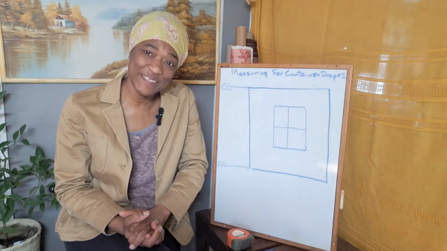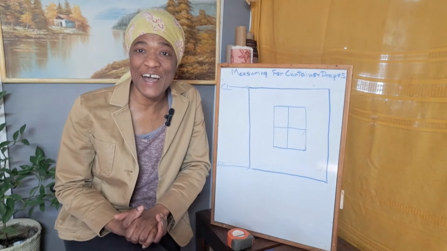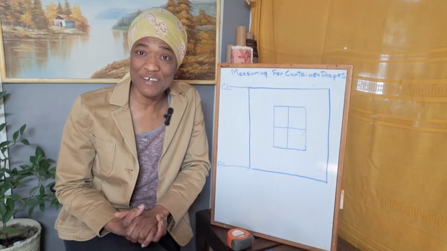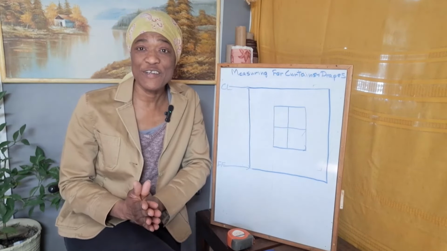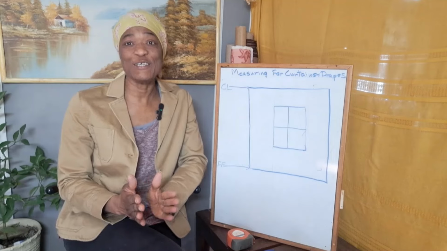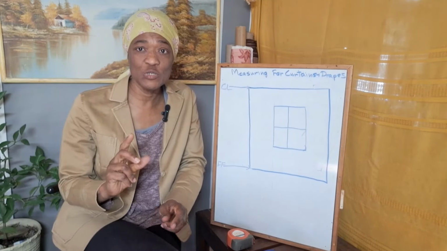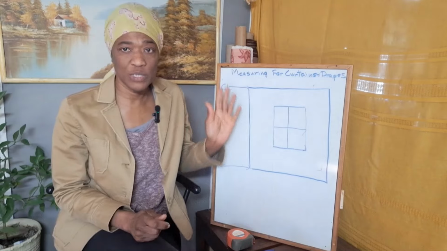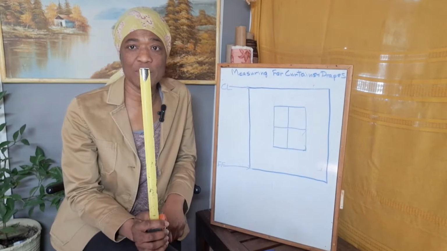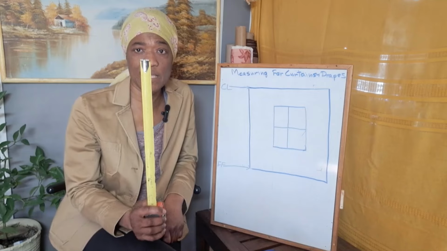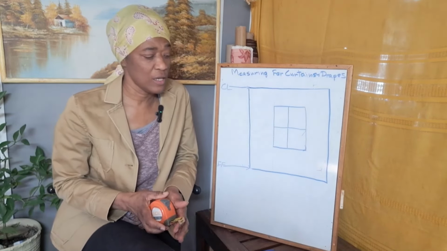My name is Valerie. In this video, we are looking at how to measure your window for your curtains and your draperies. There are two things I need you to consider when you're doing these measurements. One, use a metal tape. The metal tape will stay stiff and give you the measurement that you need.